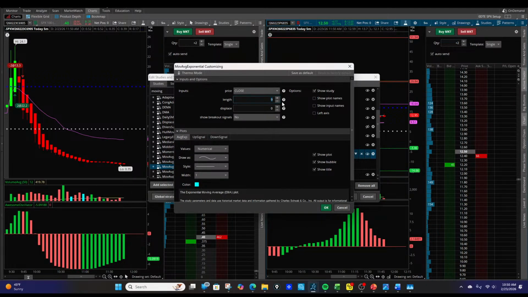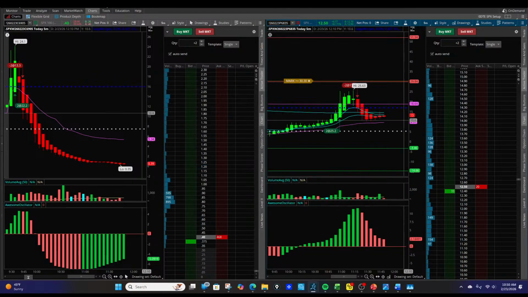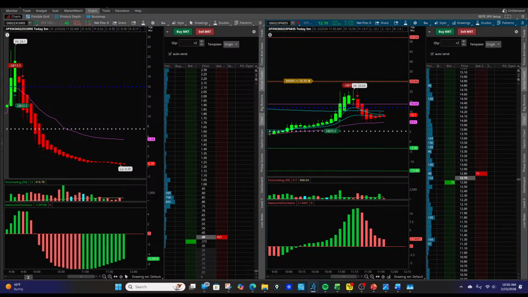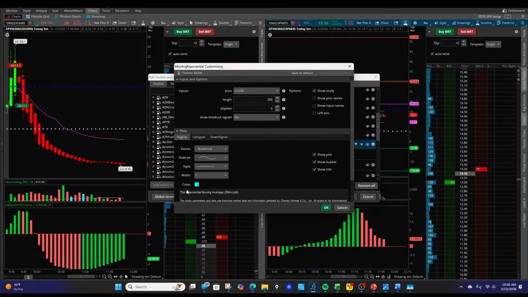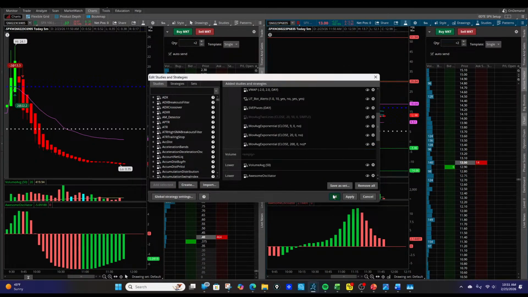Let's take a look at that. I've got to change colors on something. The 200, I think I need to make yellow. Make it stand out. There we go.